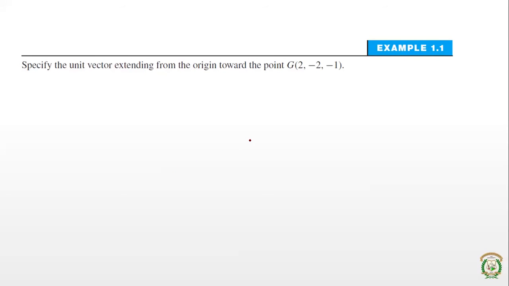That means there is a point G whose coordinates are given by 2 comma minus 2 comma minus 1. Okay, so we have a vector from the origin towards this point. So here we have the origin, which is 0 comma 0 comma 0.